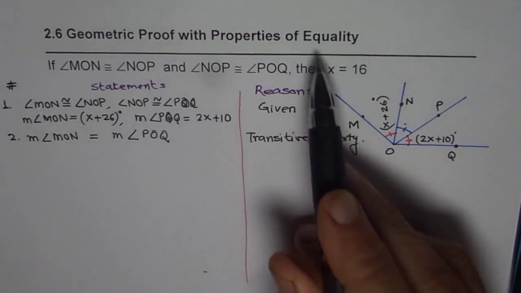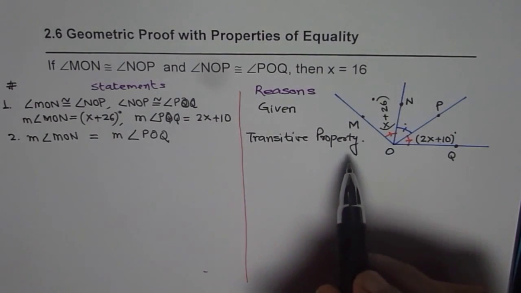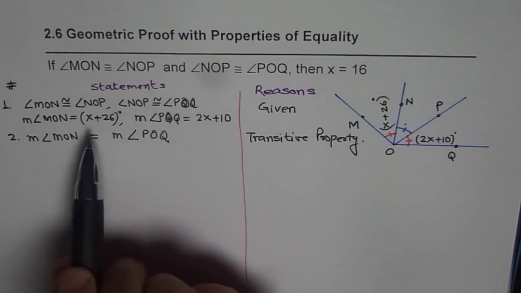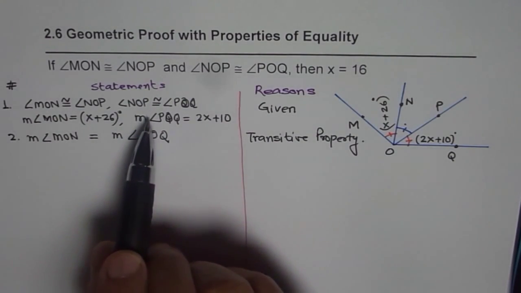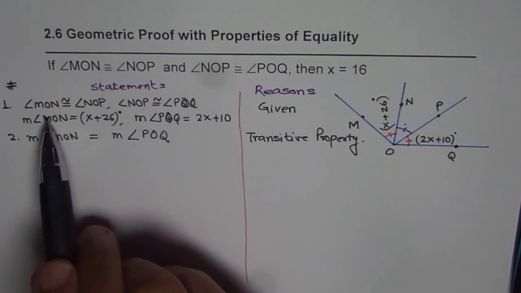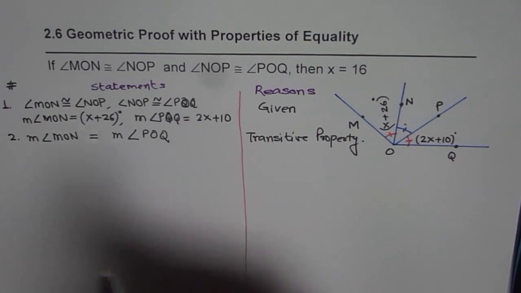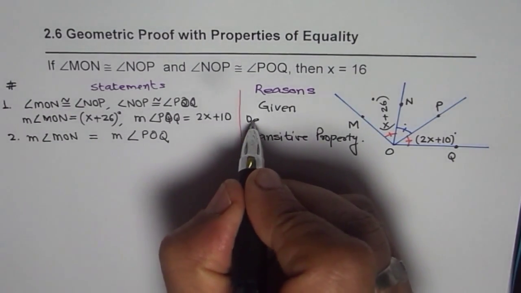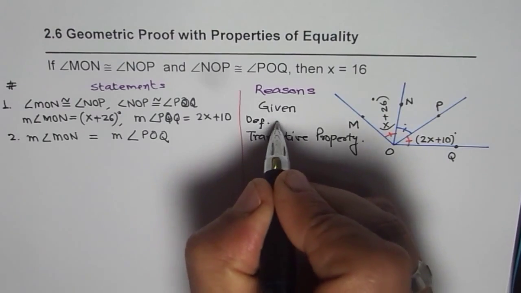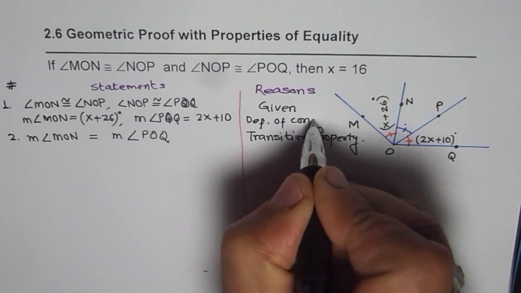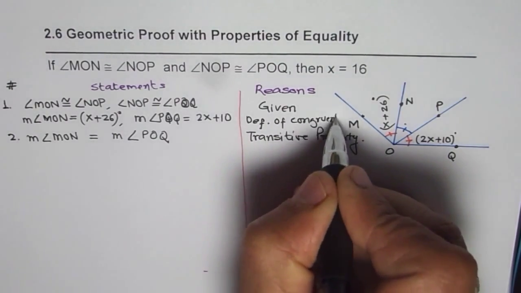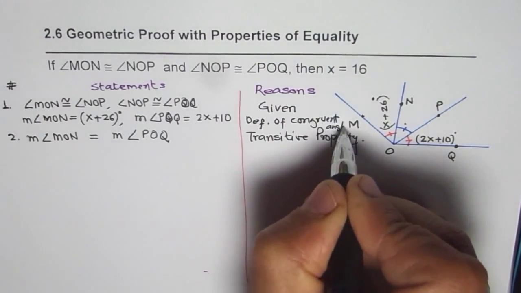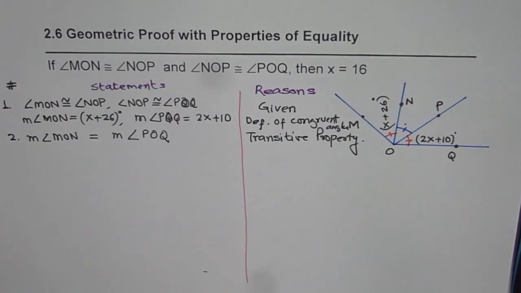So I'm not writing "of equality" in every statement. You should, right? Now here, when we use that congruent property and we related angles with their measurements, we should also write the definition of congruent angles. It's good to give reasons, and without that, geometry is incomplete, right?